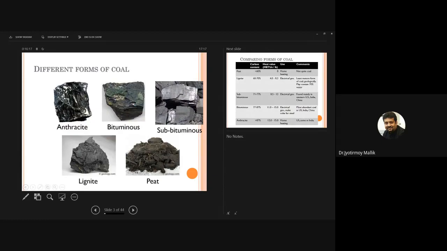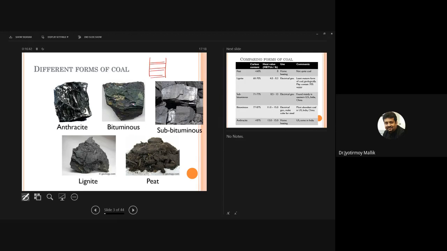What we discussed yesterday is that you can observe some very lustrous bright bands present in coal. Like in anthracite, the whole thing is pretty bright. But in a bituminous coal, you can observe that it is divided into several bands.